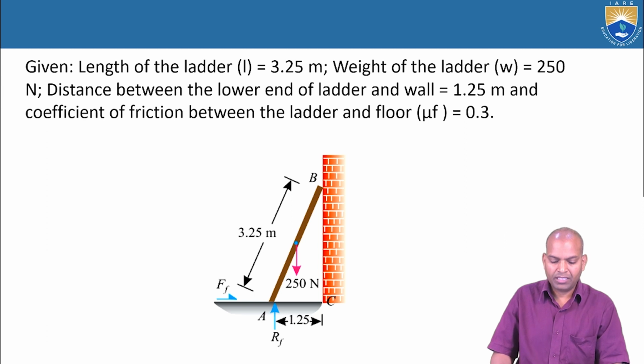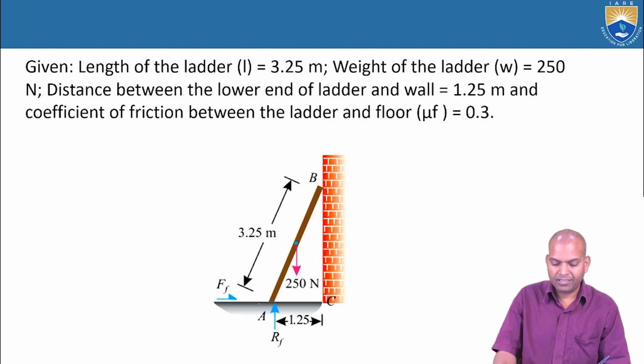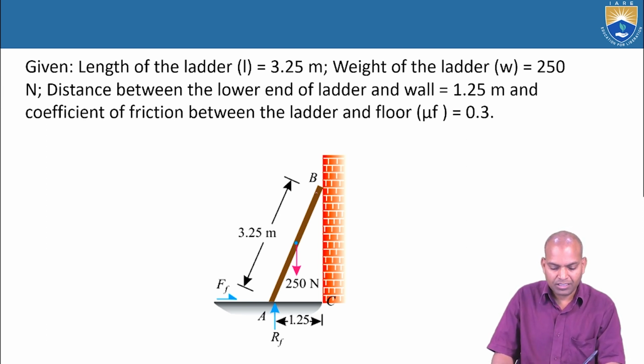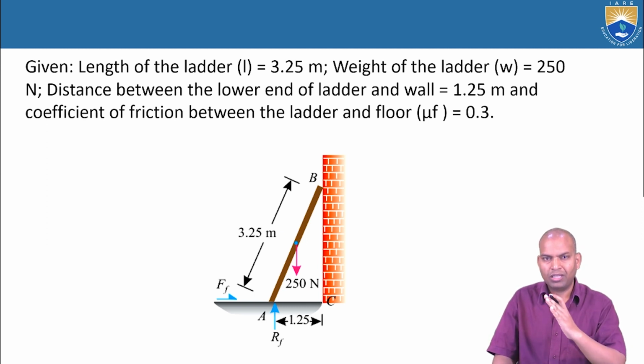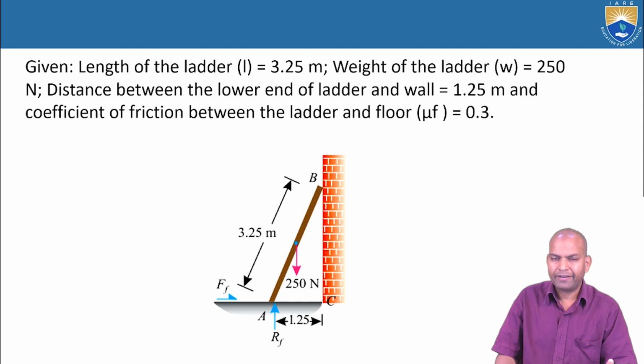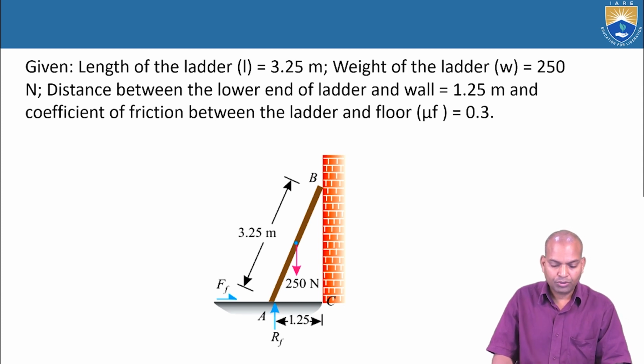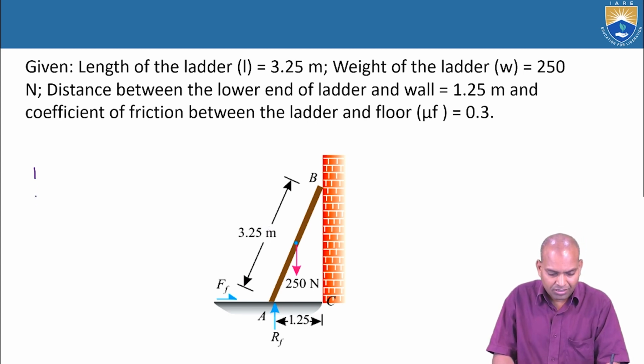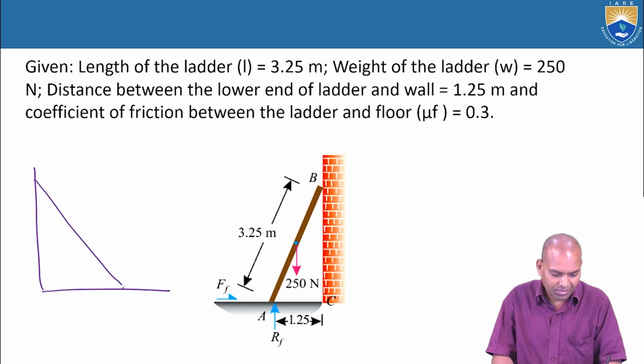By the given data, you can understand that the ladder is leaning towards the wall like this, in the right direction. The direction of the ladder leaning against the wall is not mentioned. You can consider it leaning like this also.